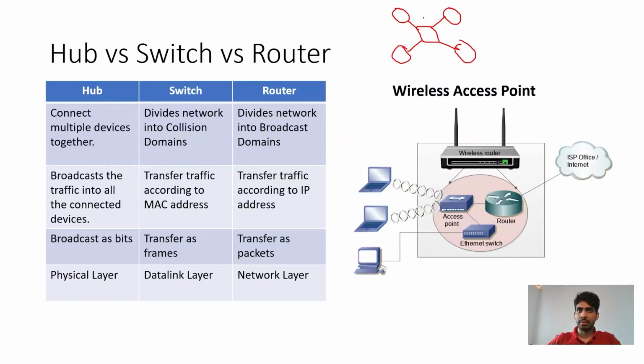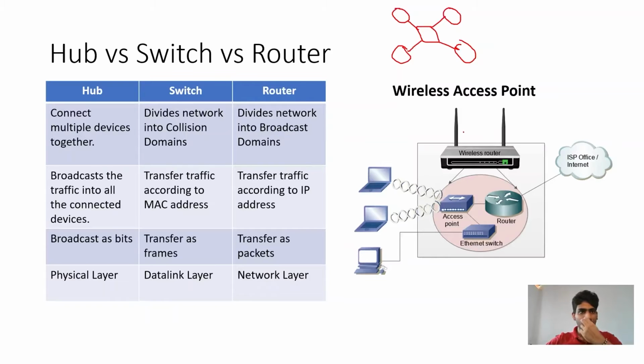So bits are the basic unit in data transfer. So what does the hub do? It just broadcasts this bit by bit. If one of these devices sends a pulse to the medium, the hub just broadcasts it as it is.